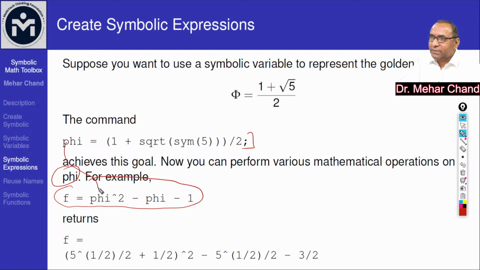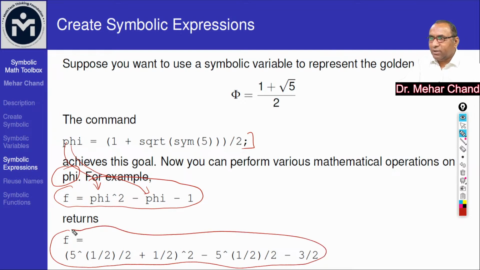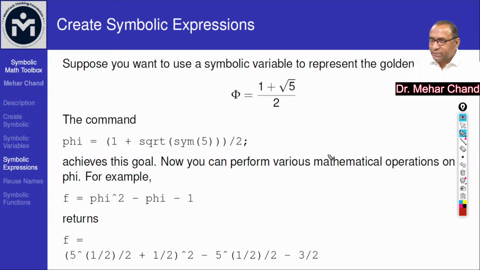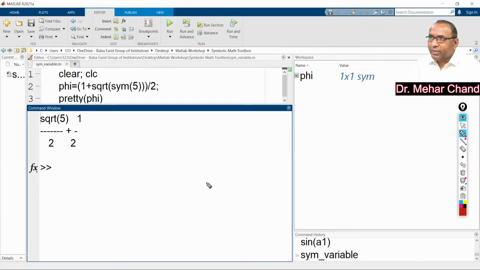This value will pass through this function, and when you run this code, the returned value will be in this form, and this is the exact value in symbolic form. Otherwise, if you are not using the symbolic number, the value of this expression will be in the form of a float. So you can see the difference here. I am using this statement now.